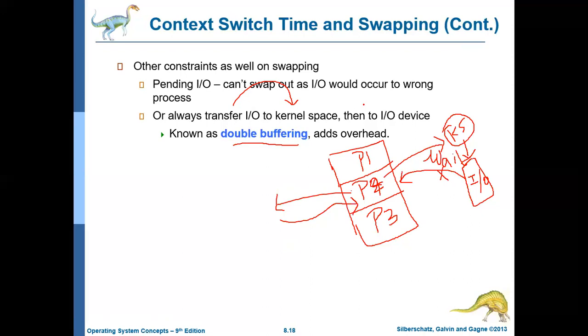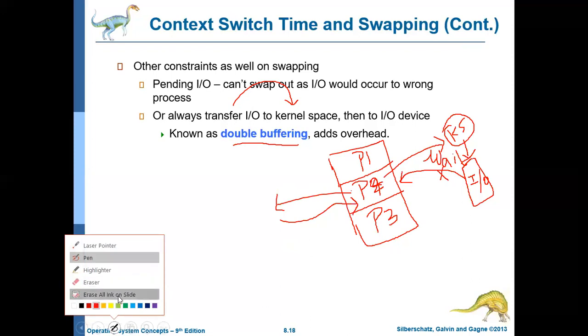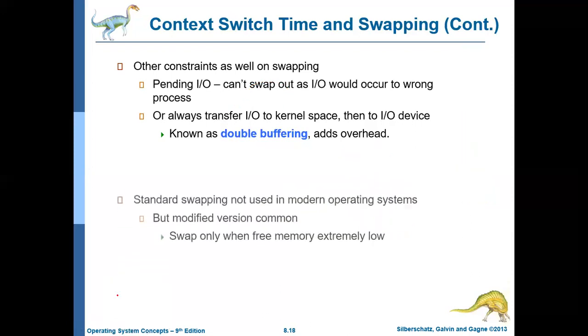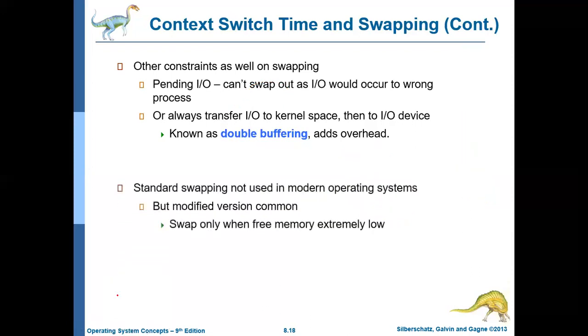That process is called double buffering, which may create some overhead, so it also has its own overhead, but these are the ways to deal with the processes that are performing IO operation or that are waiting for the IO operation.